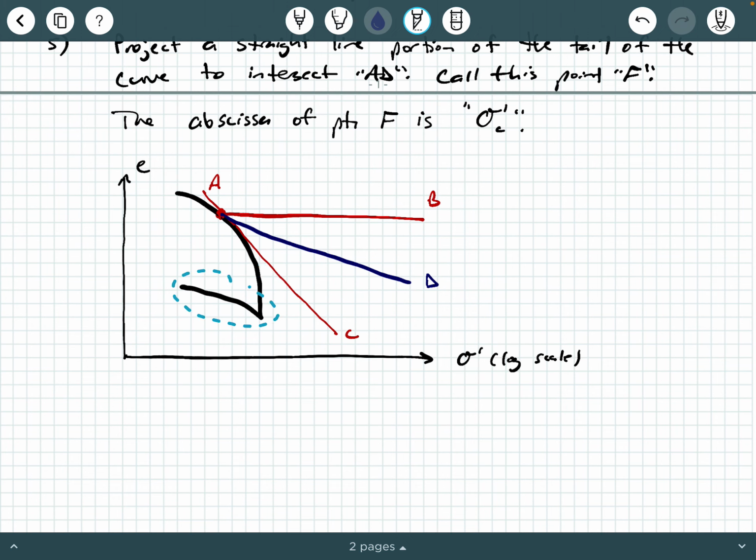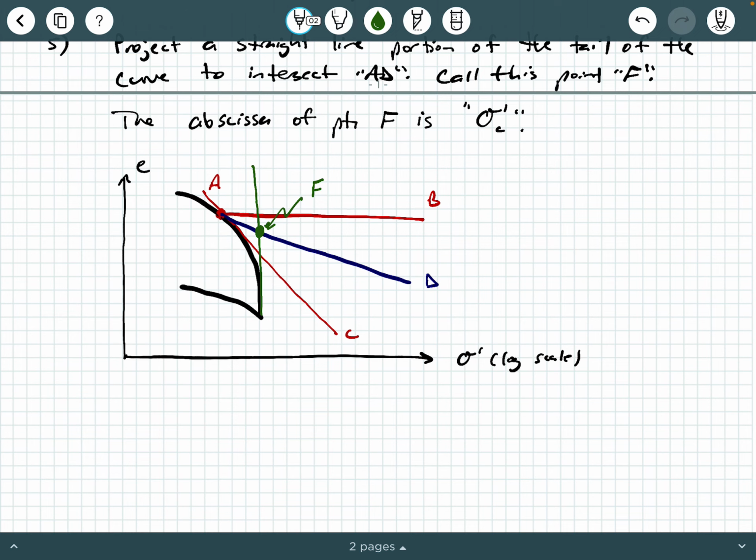Do not mess with the unloading curve. We're dealing specifically with the loading curve here. Project a straight line portion of the tail of the loading curve to intersect AD. I'm going to use green here. I'm going to call that point F, okay?